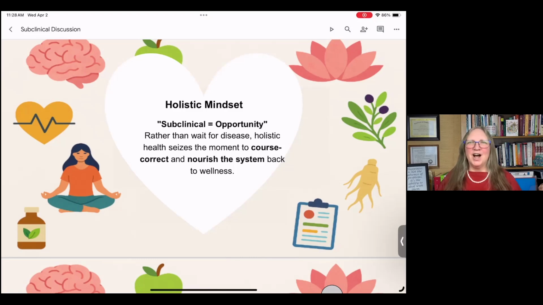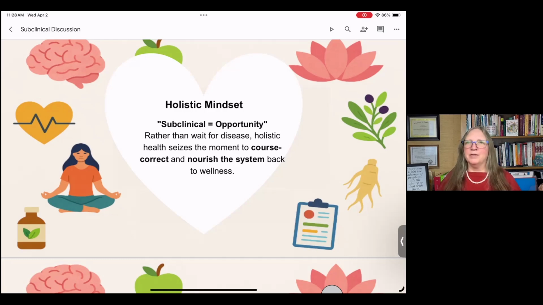When I say you have an autoimmune concern, it's subclinical. I might say, you know what? Your adrenals are not functioning as optimally as they should be. You don't have Addison's disease, which is the disease of the adrenals when they stop working. What you have is your adrenals are not working the way they should be optimally.